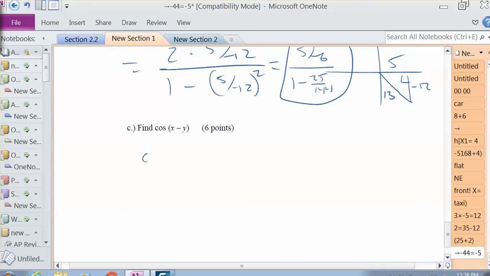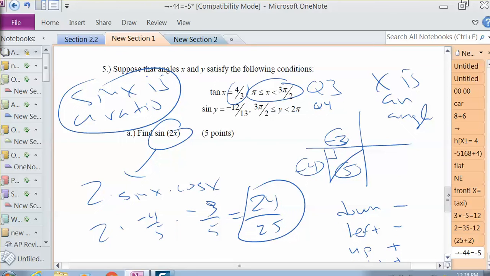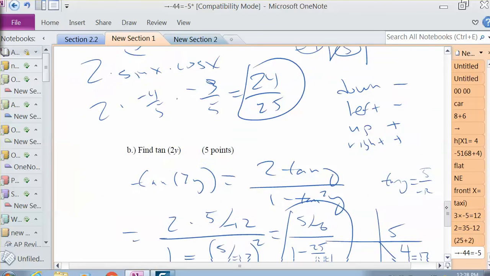Okay, last one. Cosine of x minus y. That's going to be cosine x times cosine y plus sine x times sine y. Okay. Well, I know cosine x, this is x over here, is negative 3/5.